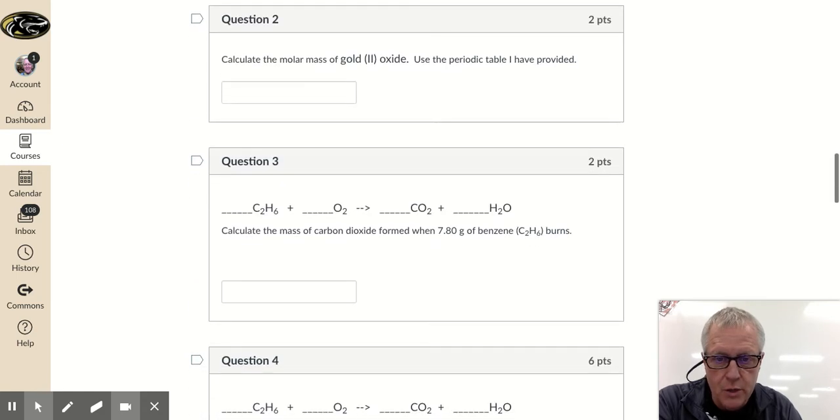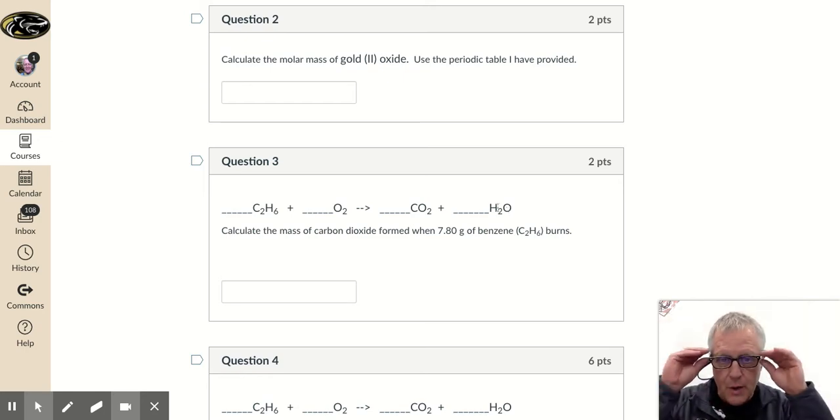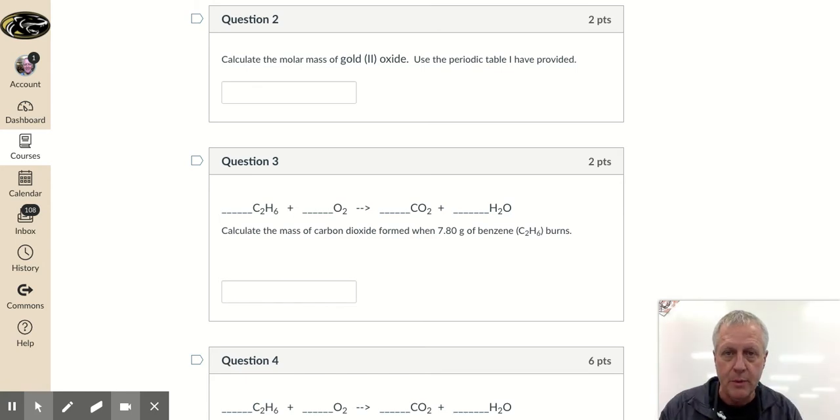Then when we get to question 3, you will see a chemical equation here that is not balanced. And here is where you're probably going to need a piece of paper or a document to write down your balanced equation.